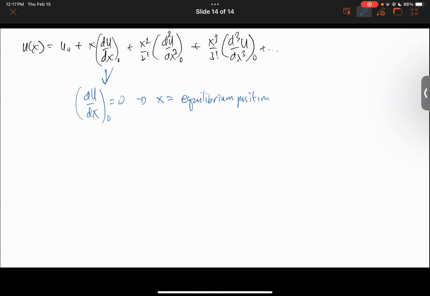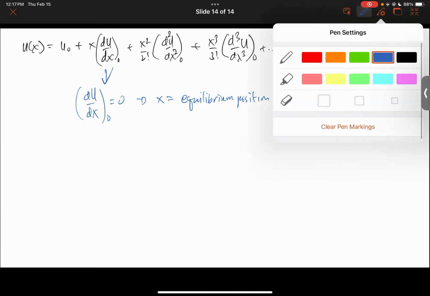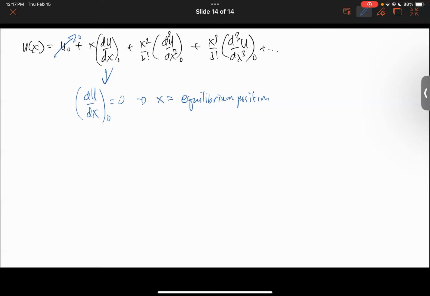Now, at the equilibrium position, by the way, we can neglect this, no? Because remember that the potential is always relative to something. The potential at a specific point is always relative to the potential at another point. So we can set that to 0, and just keep in mind that this potential is a relative potential. So if this is 0 and this is 0, then we are left with this term. How do we interpret that term?